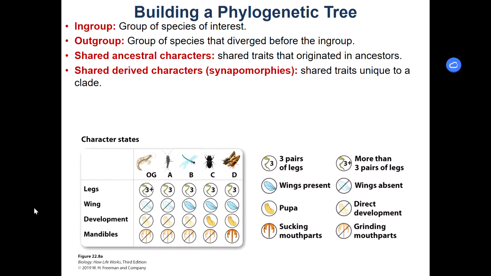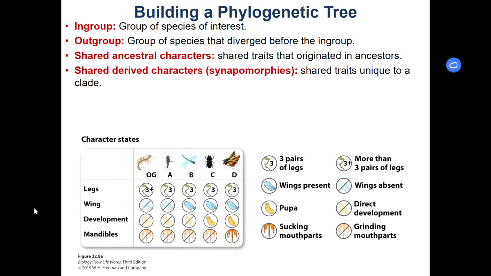So we can make a character matrix with all of our characters we're interested in and go through and say which organisms have these characters. So for legs, shrimp and lobster have more than 3 legs, but the rest of our group, so these are all insects, have 3 legs. So that's something that's shared between these 3, but not our outgroup.